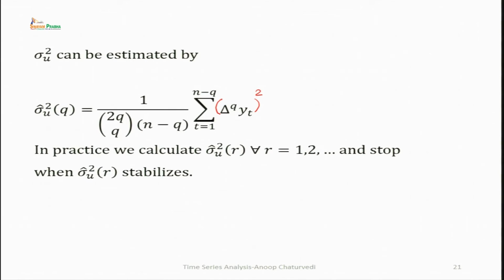We calculate the estimator of sigma square u corresponding to different values of r, meaning corresponding to different differences, for r equal to 1 and so on. So, you have calculated sigma hat square u 1 based on the first difference, sigma hat square u 2 and so on.